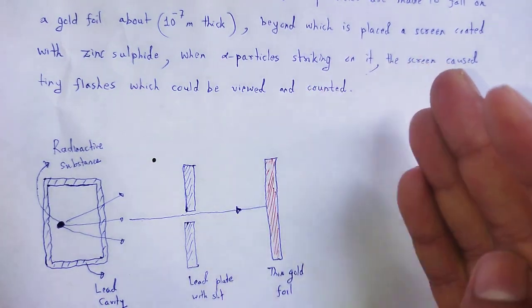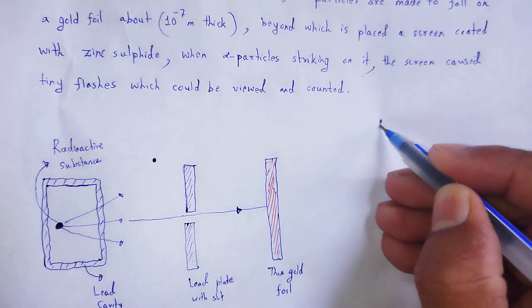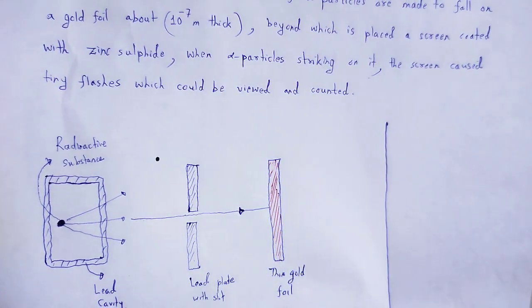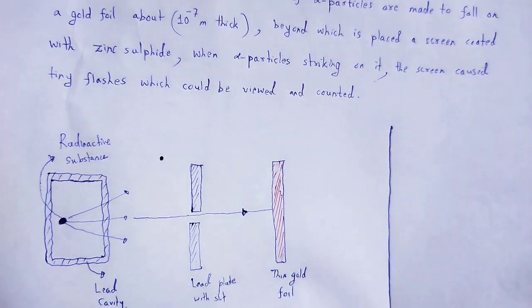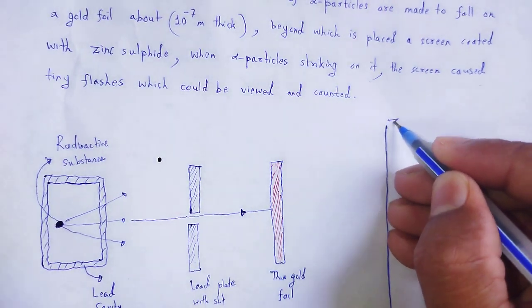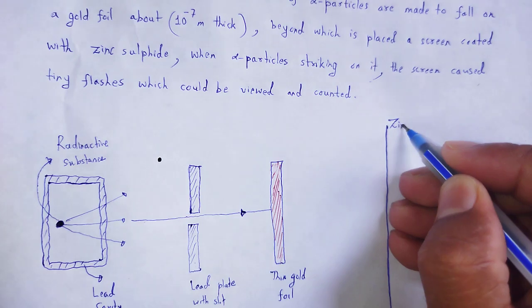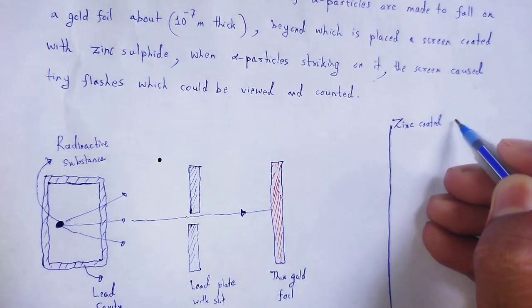Beyond that thin gold foil, we place a screen. That screen is made of zinc sulphide, a zinc sulphide coated screen.